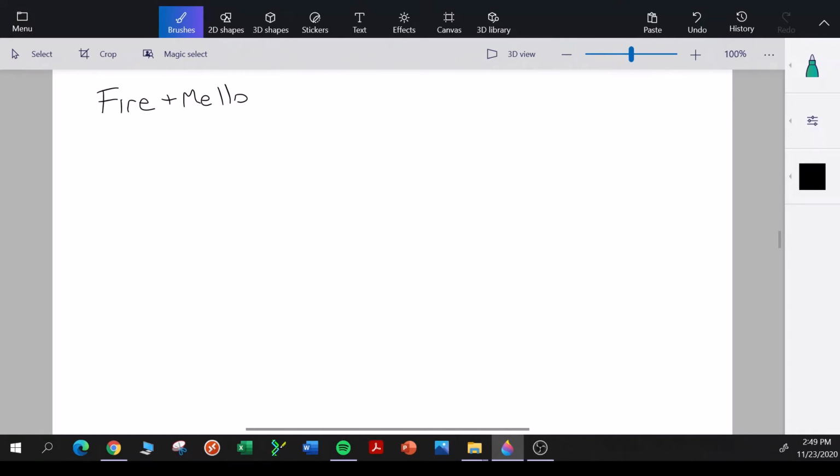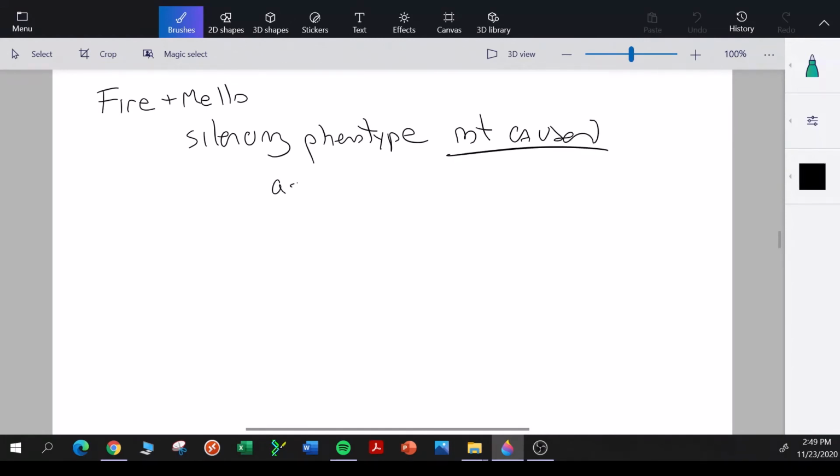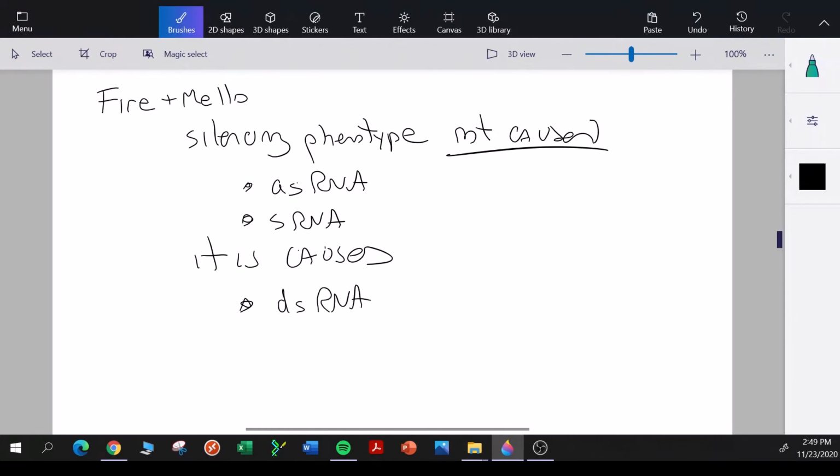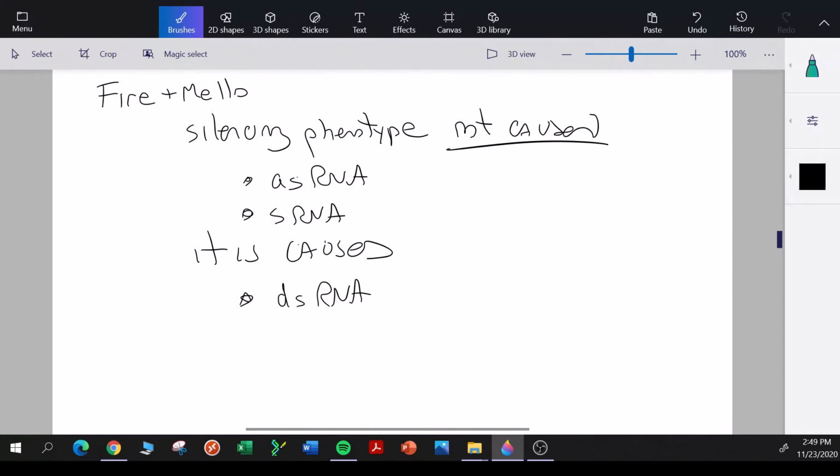So their hypothesis was that the silencing phenotype is not caused by antisense RNA or sense RNA. It is caused by double-stranded RNA.